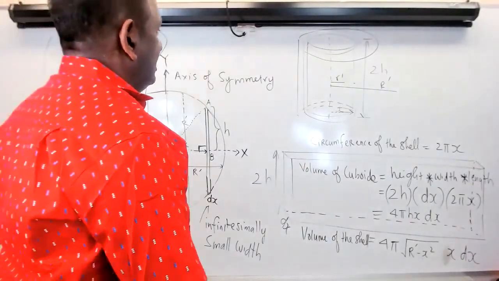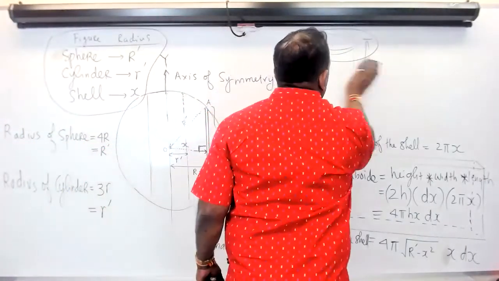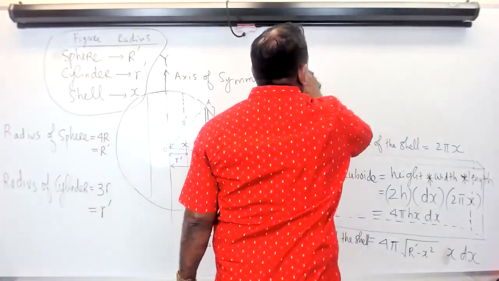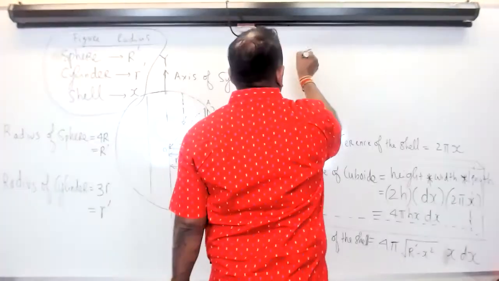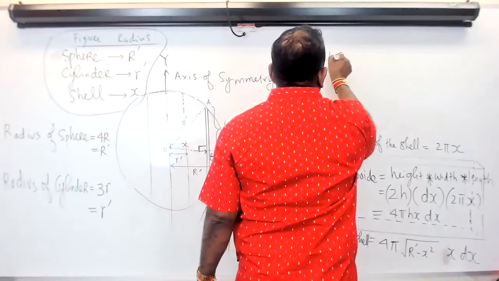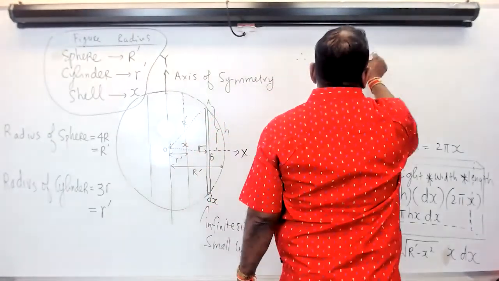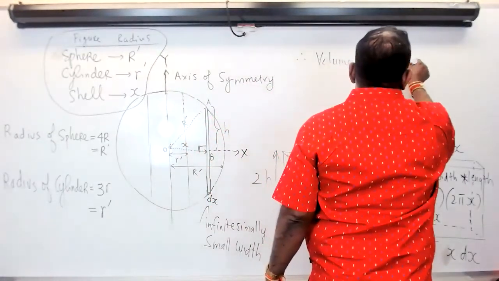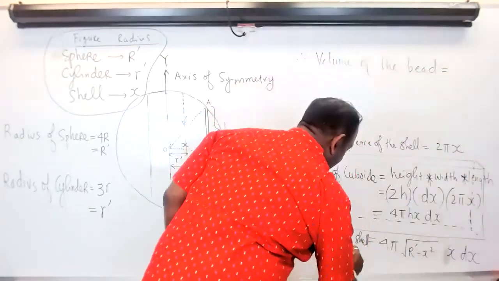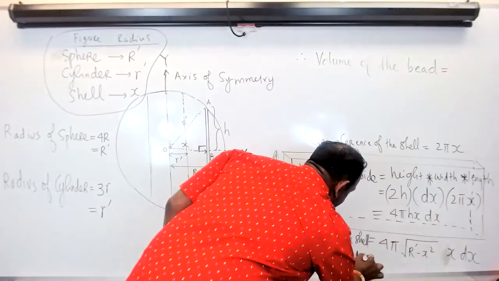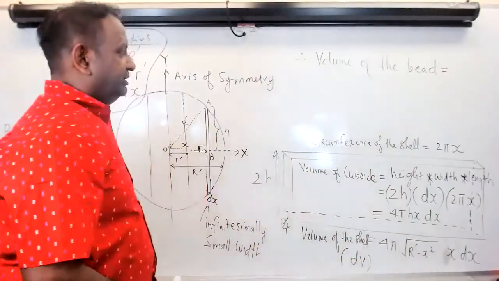Now, I don't need the volume of this shell. I need the volume of the bead. I'm going to denote this one by dV.